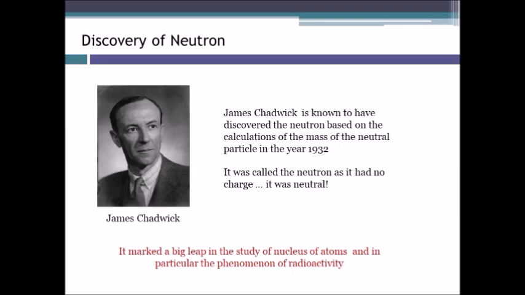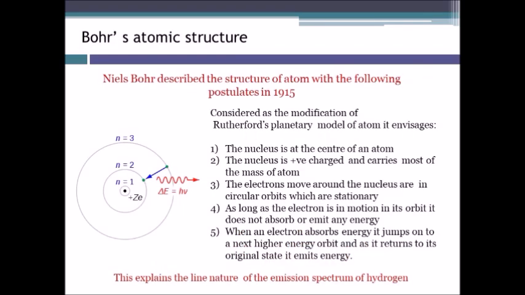and in particular the phenomena of radioactivity. In Bohr's atomic structure, Niels Bohr described the structure of the atom with the following postulates. Although the study of the electron, proton and neutron and their discoveries were going on alongside, Rutherford's model could not explain all the points about the atomic structure, that is, it could not explain how a charged body that keeps rotating around another charged body may lose its energy and soon fall into the nucleus, and that would mark the end of that atom.